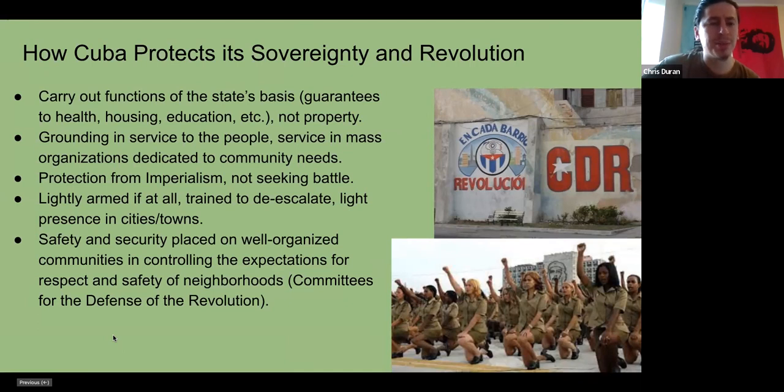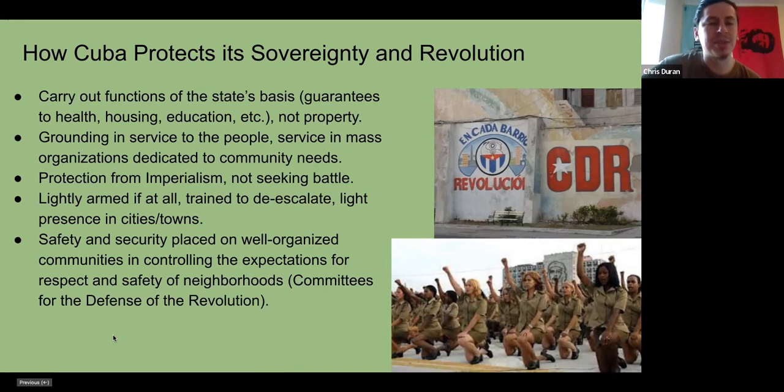We also see that a lot of the reason communities are so safe is because community safety is organized around community organizations like the Committees for the Defense of the Revolution. They are charged with community control, education, de-escalation tactics, social work, and a lot of preventative care that makes excessive force by the police or military unnecessary.